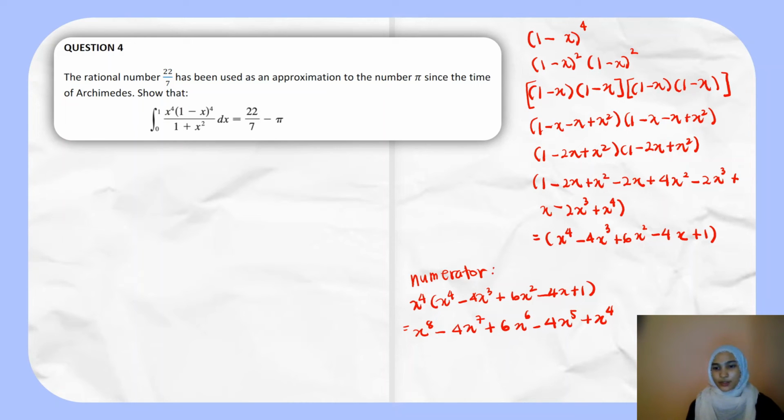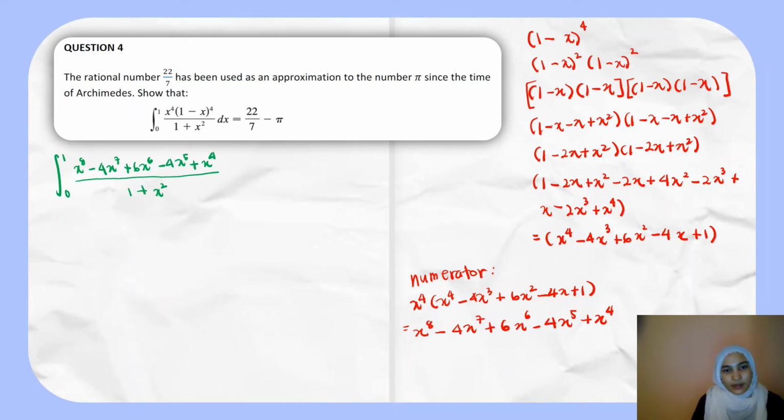So now we get the new numerator. We will just put in this term again: integral 0 to 1 x to the power of 8 minus 4x to the power of 7 plus 6x to the power of 6 minus 4x to the power of 5 plus x to the power of 4 over 1 plus x squared dx.